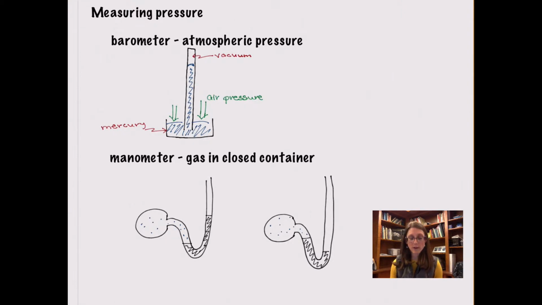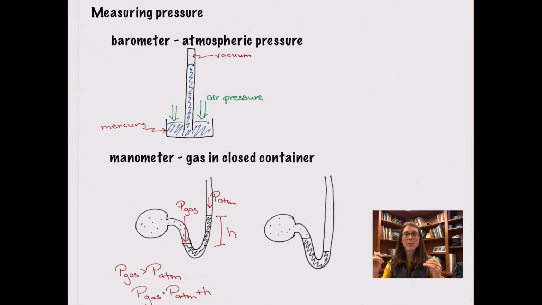If you have a situation where the pressure of the gas on the inside is pushing harder than the pressure of the gas on the outside, you're going to see that the mercury level will be lower on the side where the pressure is higher, and therefore higher on the atmospheric pressure side. If the gas pressure is greater than the atmospheric pressure, then you're going to add the difference in heights to that atmospheric pressure to calculate the pressure of the gas on the inside of your container.